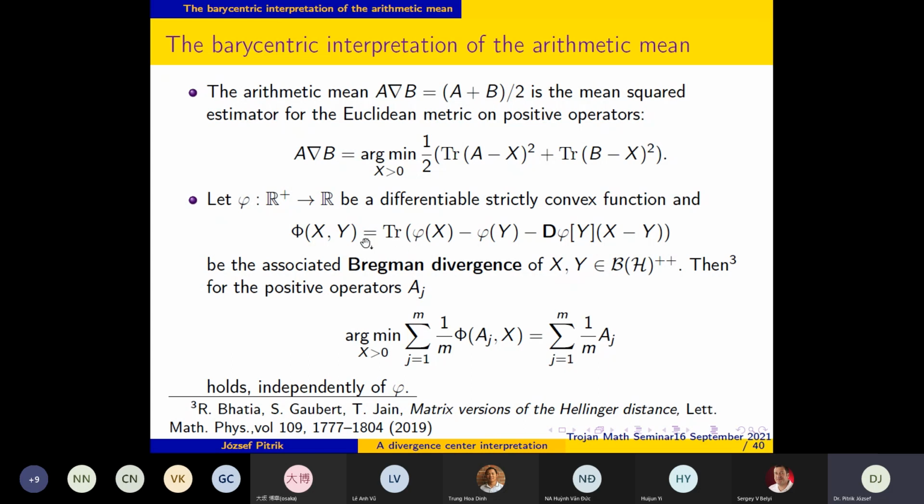And we take the trace, and this is the so-called Bregman divergence. Then for positive operators A and B, we get that the barycenter with respect to this Bregman divergence is the arithmetic mean.